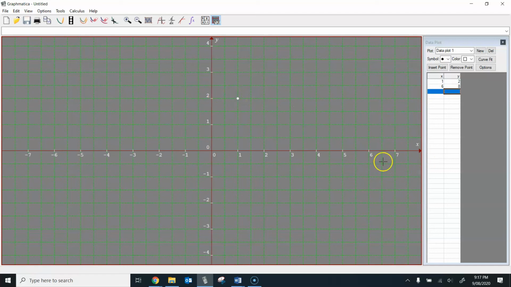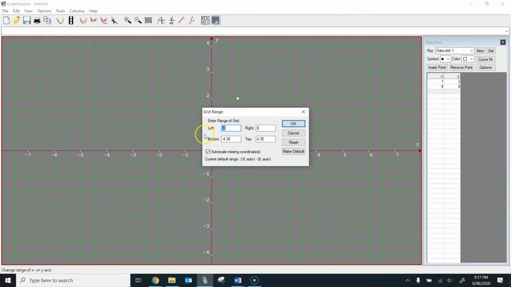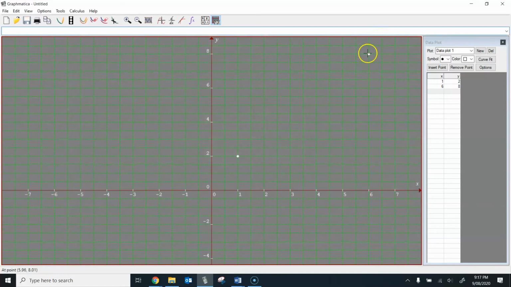I can't see 6, 8 because x is 6 here, and y is 8, all the way up there. I want to see it, so I'm going to change my grid. View, Grid Range. I want to see it further up the screen, so the top should probably be greater than 8. Let's call it 9. You can always go back and change it if it doesn't work. Now I can see my other point.